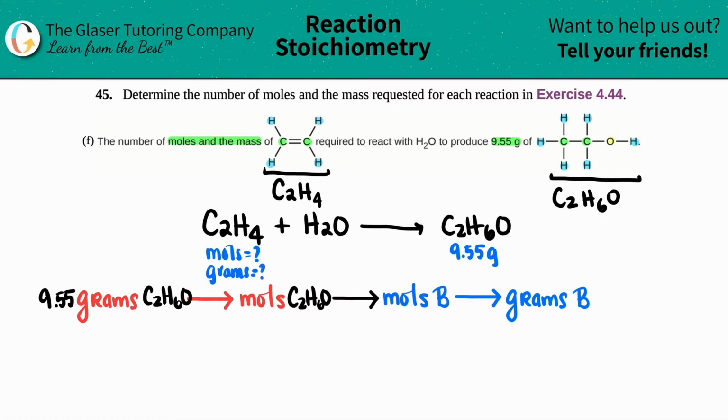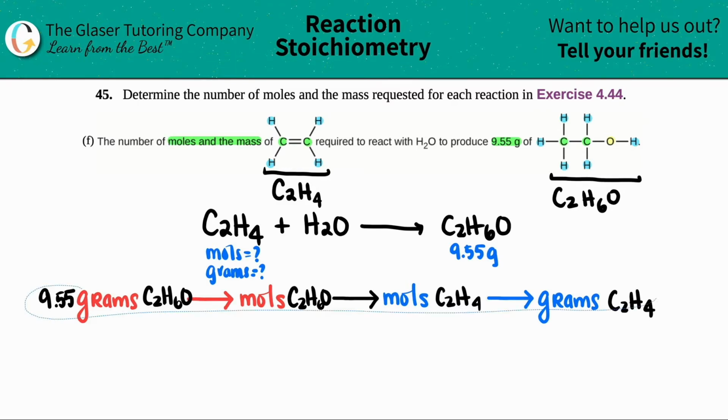And then from there, I can convert into the compound that I want. In this case, it's not B, but C2H4. That's the one that I want all these answers for. And then finally, I could find the grams of C2H4. And now we're ready to rock and roll.